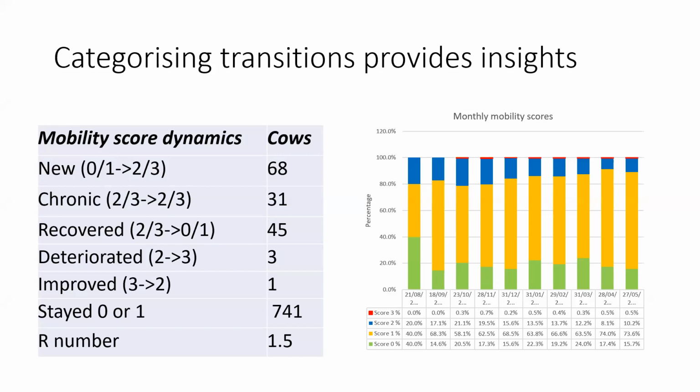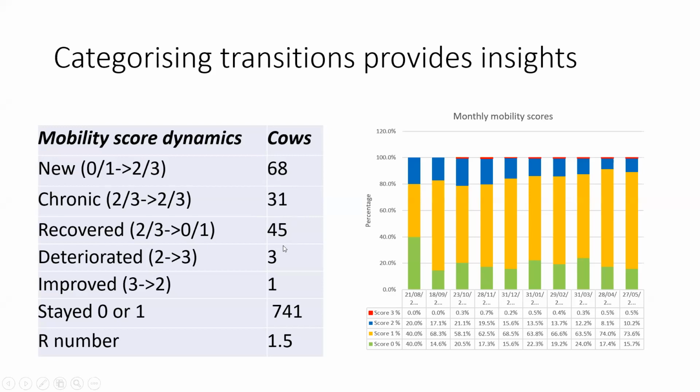But this is fairly close to a genuine number of new cases. We know we've got 30 cows that appear to be chronic based on 2 successive scores, which actually doesn't really satisfy my true definition of chronic, which I would say should be 5 weeks, but it's close enough.